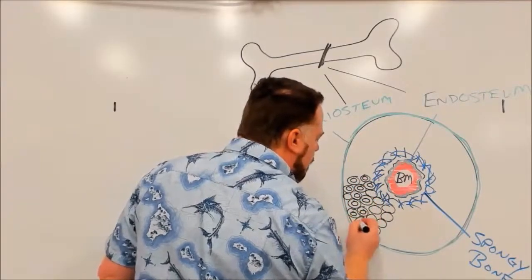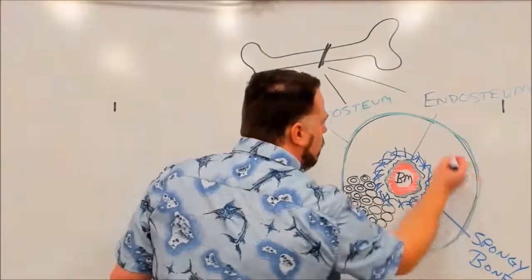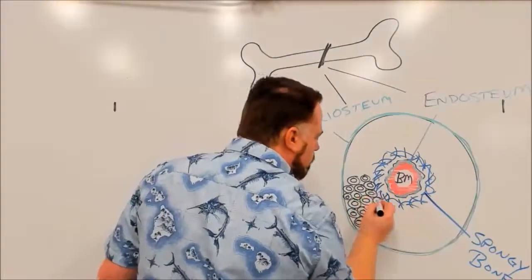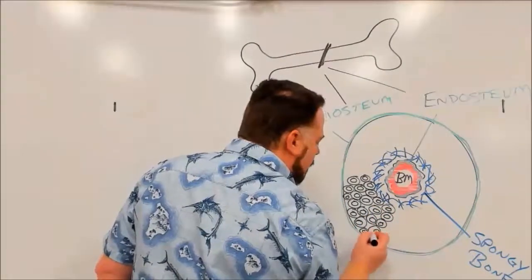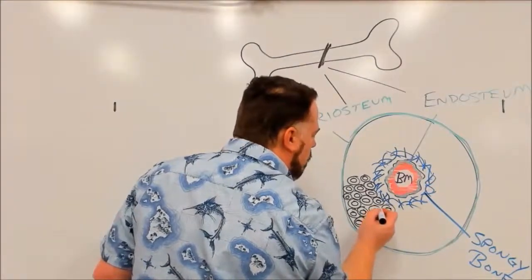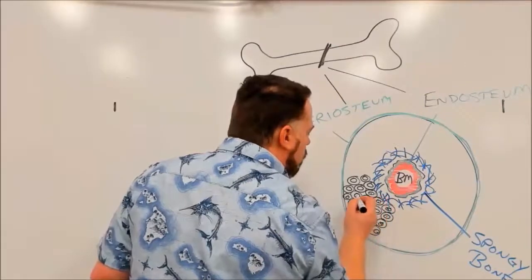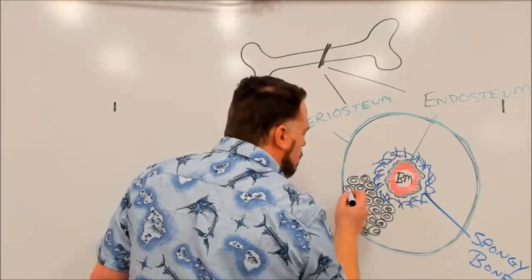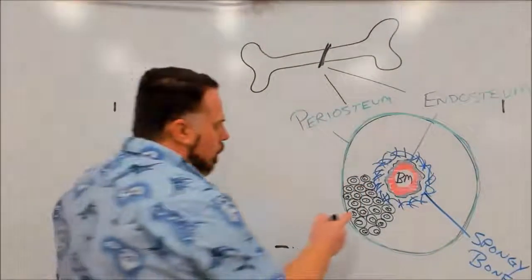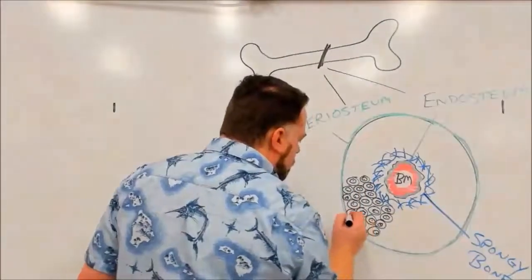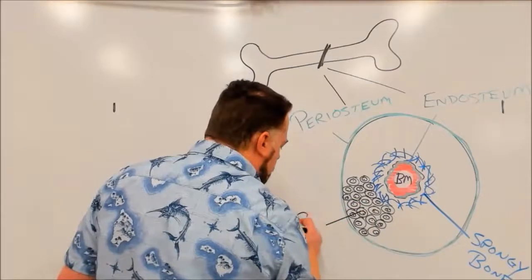Just assume that all of this is going to be throughout the white here. Okay, I just don't have the time to go through it all. But understand that that's what's happening here. And you will have it kind of looking like bullseyes, targets. This is what we refer to as compact bone.